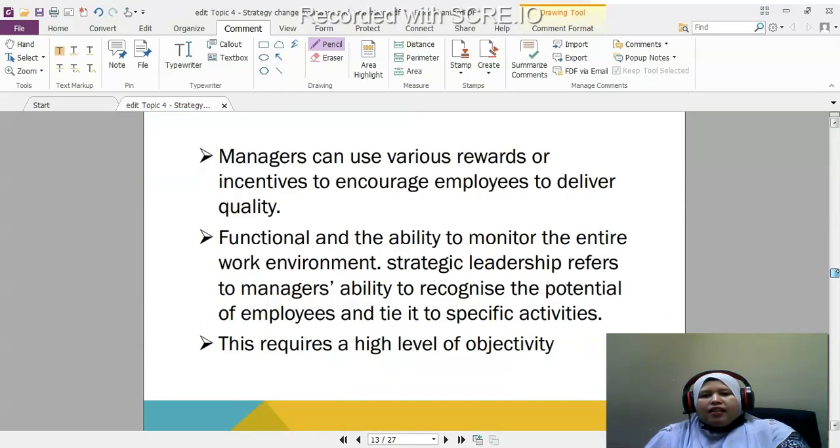Besides that, managers can use various rewards or incentives to encourage employees to deliver well. This is how to motivate the employees to achieve the goals. Functional and the ability to monitor the entire work environment: strategic leadership refers to managers' ability to recognize the potential of employees and tie it to a specific activity.